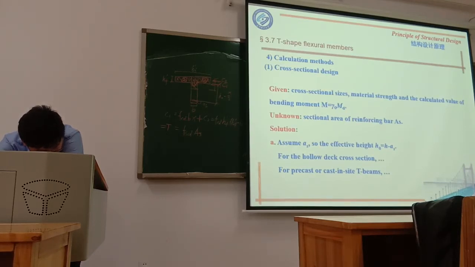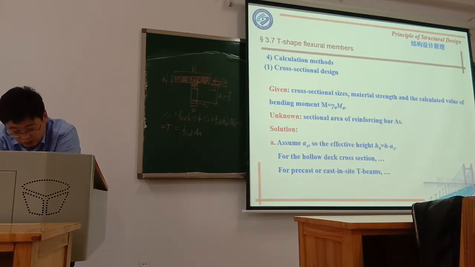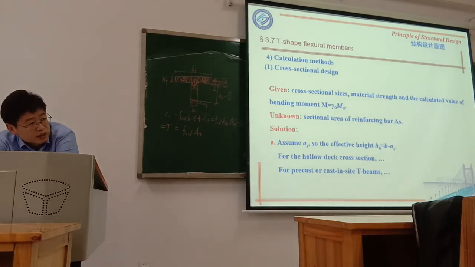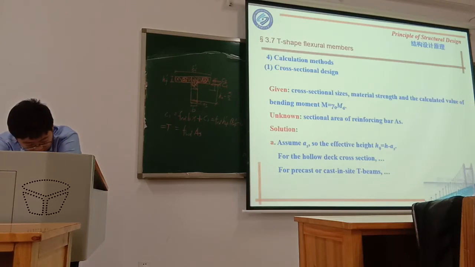For precast T-beams, where the steel plating is often used, due to the height of the multi-layer reinforcement is not more than 0.5 to 0.2 H, we can assume AS equal to 30 plus 0.07 to 0.1 H. So for different structures, given the splitting of the reinforcement, you can just use different values.